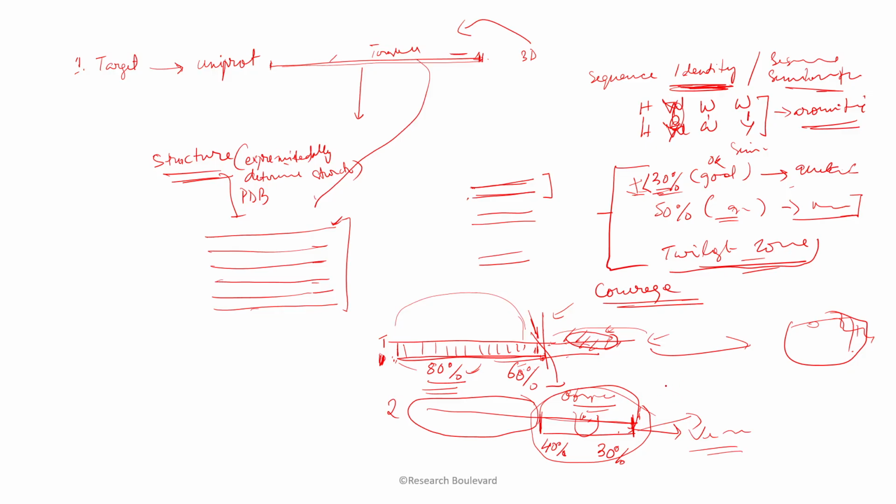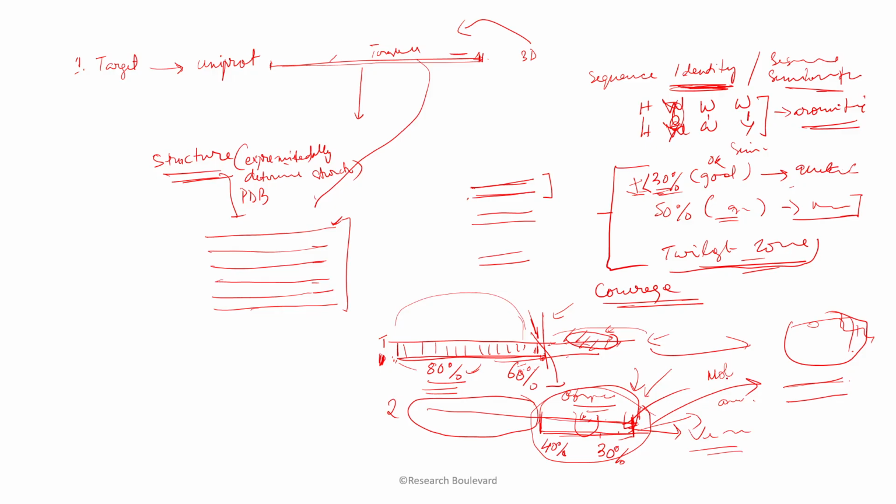So you can build this model and use this structure. Once you have this, you can do a proper alignment. In this searching, you are just aligning using the sequence information, using some BLAST search or something.